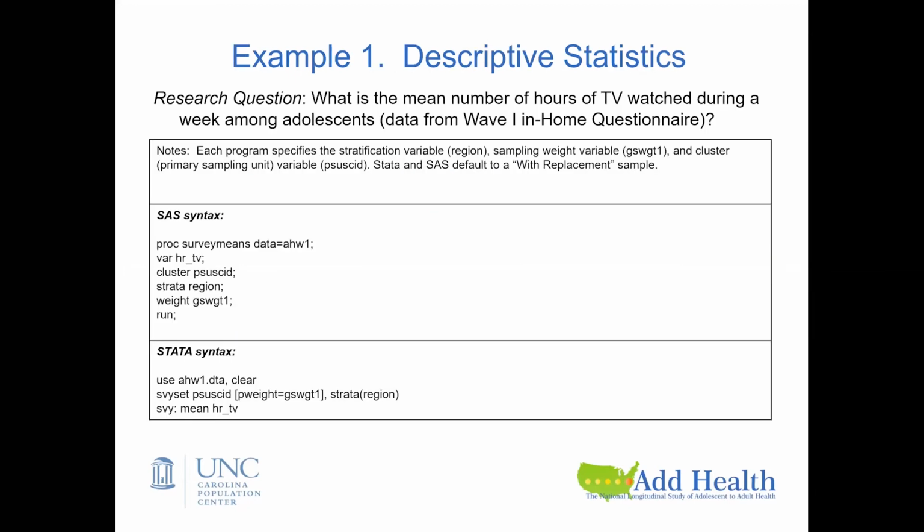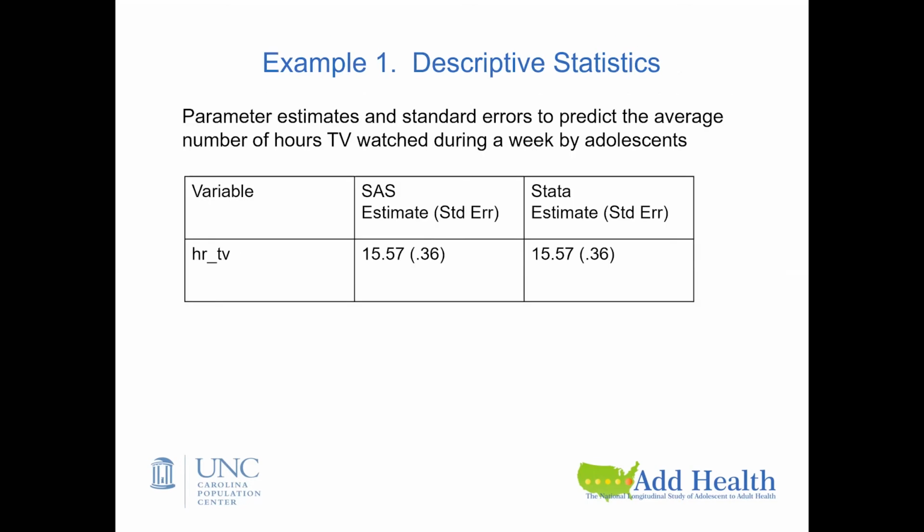It's a very simple example. Let's say we're interested in the research question: what's the mean number of hours of TV watched during a week among adolescents? This is coming from wave 1. Here's an example of some SAS syntax and some Stata syntax. And then this is the parameter estimate and standard error to predict the average number of hours TV watched in a week. You get the exact same point estimate and standard error using that syntax.